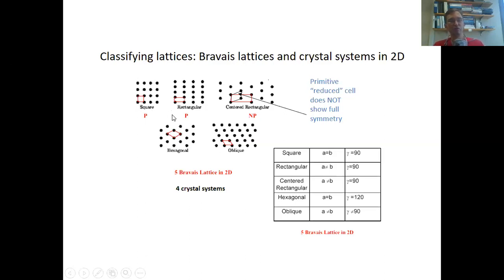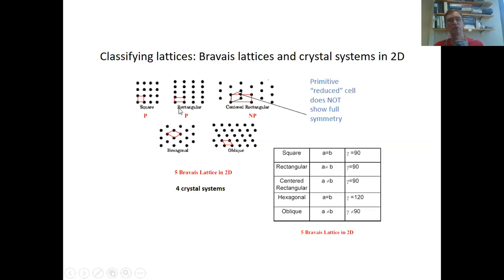Now we can go to lower lattice symmetries. We can, for instance, make the unit cell parameters A and B unequal, but still keep the angle between A and B equal to 90 degrees.